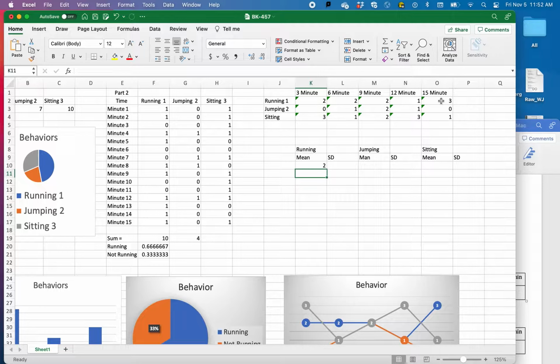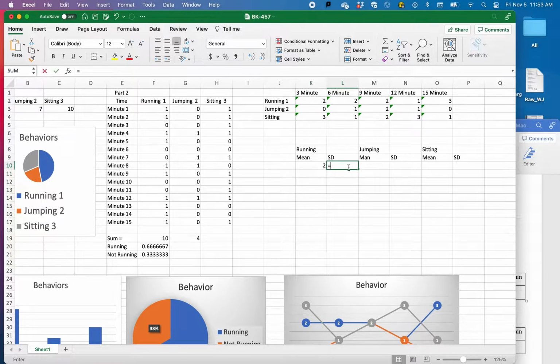So that's sort of the average number of times that we observed jumping was 2 within those 3-minute segments. The child jumped on an average of at least 2 times within each of those 3-minute segments.